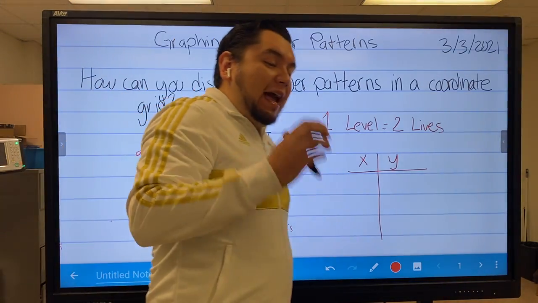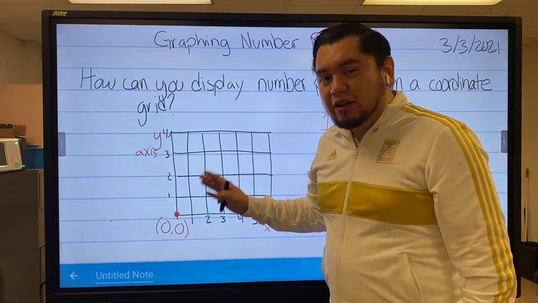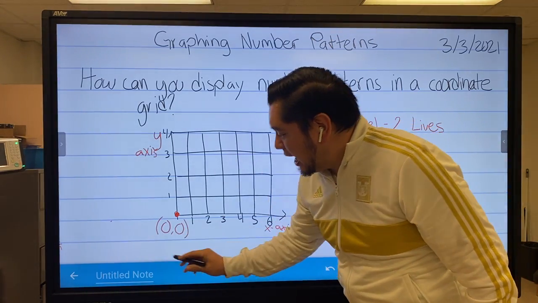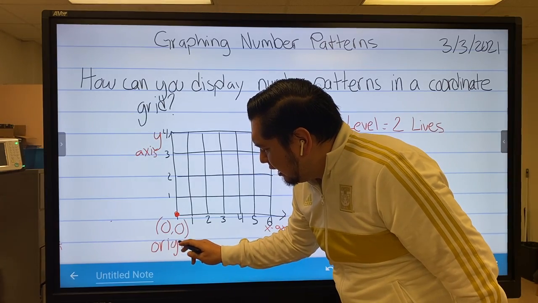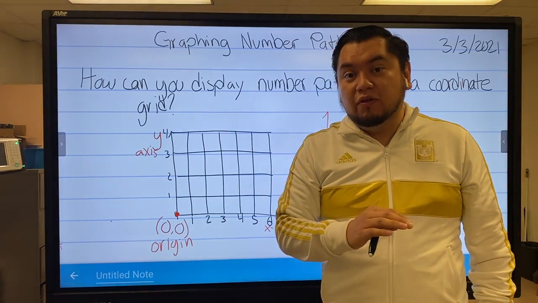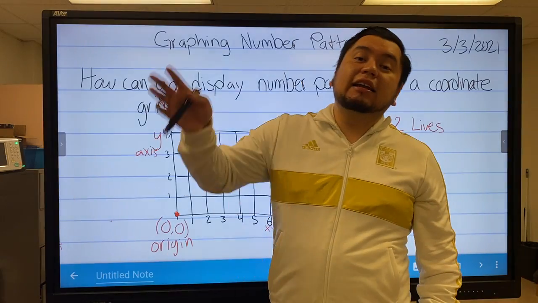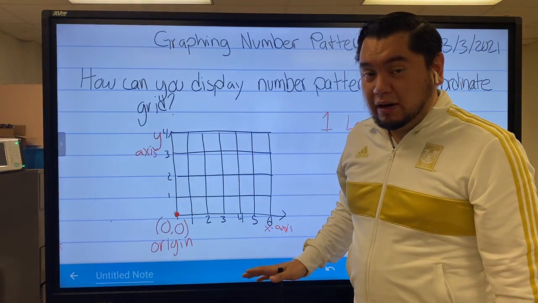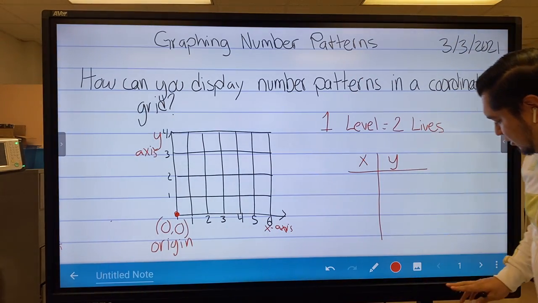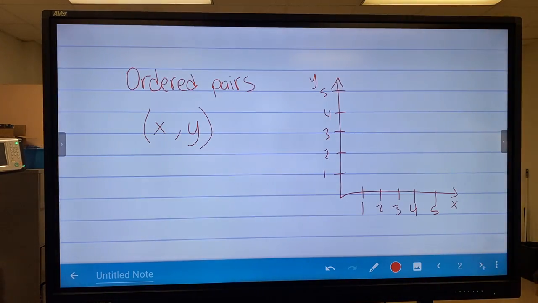Anytime you're going to graph, you always have to go back to your origin. Then from the origin you move to the right and then up, depending on your ordered pair. Let me show you what that means. Let's go to the next one.